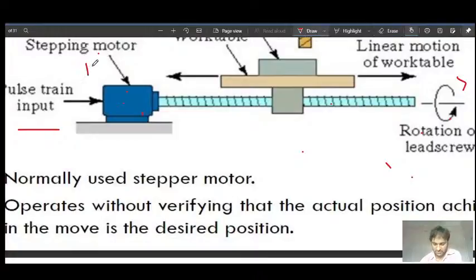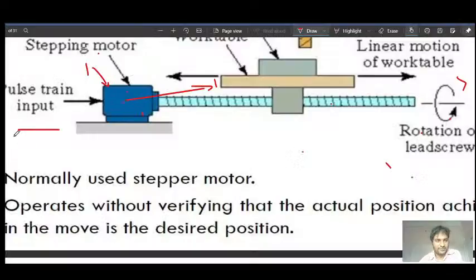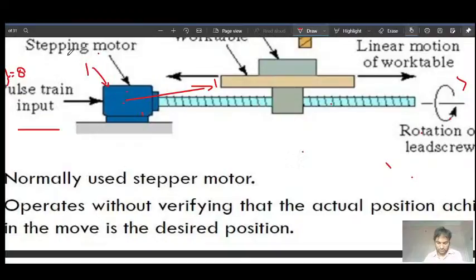If we supply one pulse to the motor, the motor will rotate one step angle. Suppose the number of steps is Ns equal to 8. It means the motor will rotate in 8 steps to get one complete rotation. Clear?